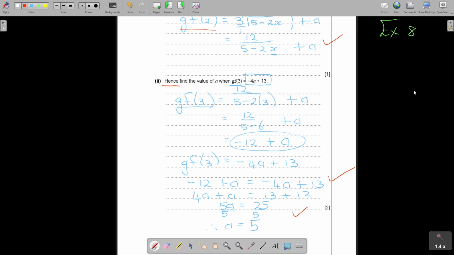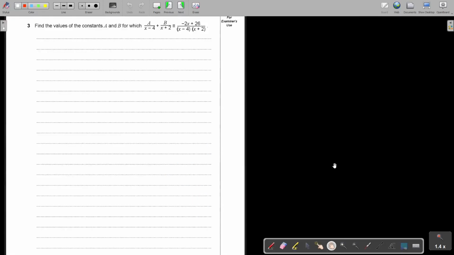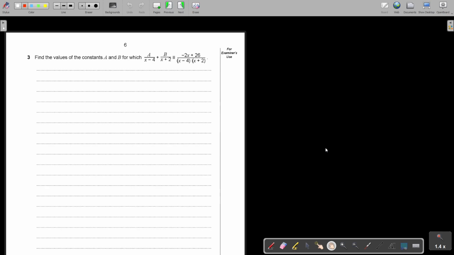Question number 3. Find the value of the constants a and b for which, and then they give you the identity. Now, we're still in chapter 1. Question 2 was not in chapter 1, but now we're back to chapter 1.